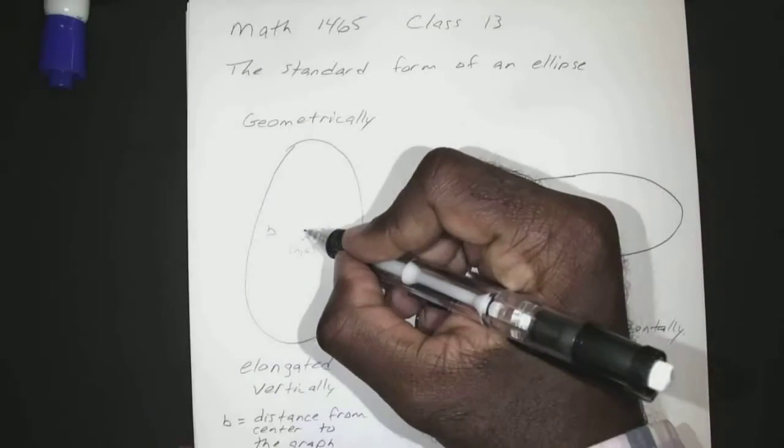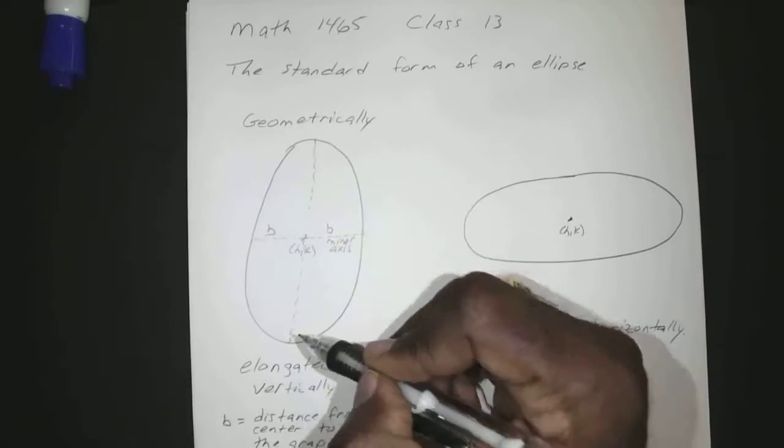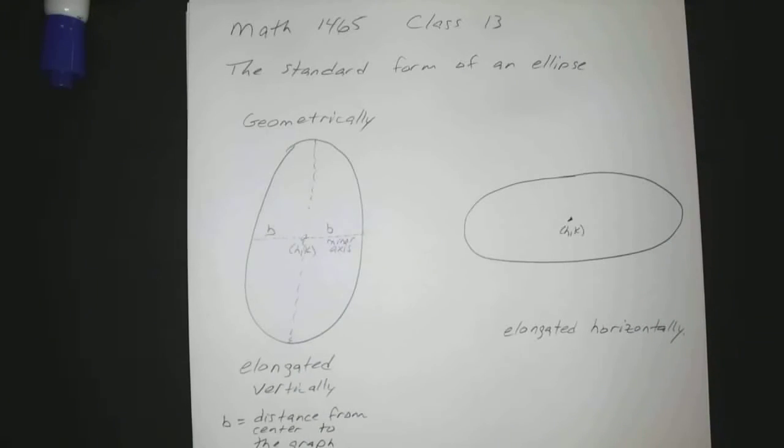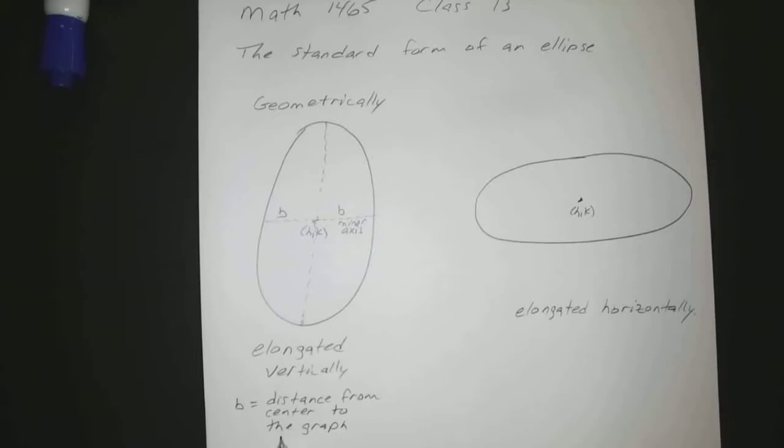Now if we go from the center to the long part of the ellipse, that's called the major axis. Now for this one, b, remember that's your minor axis.